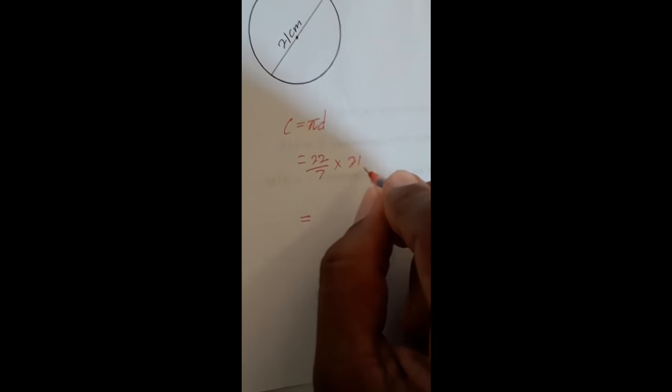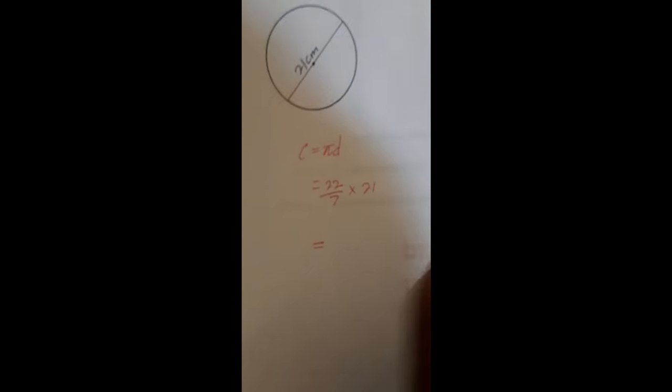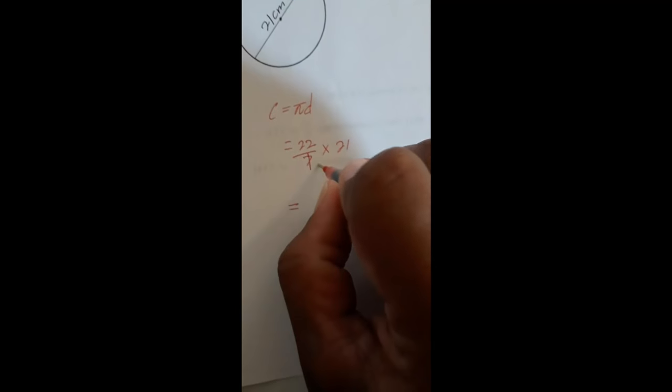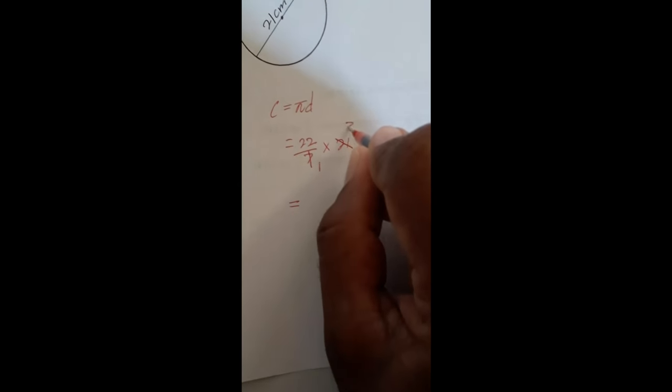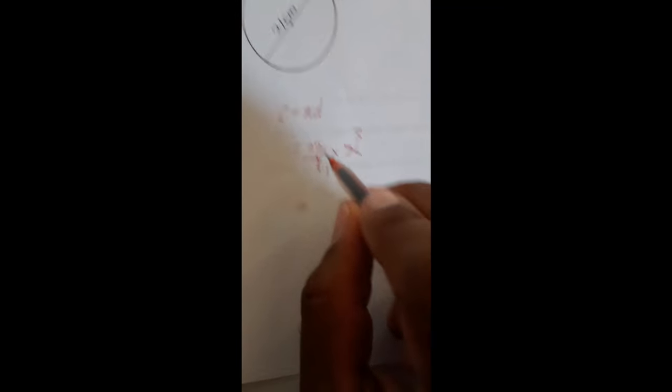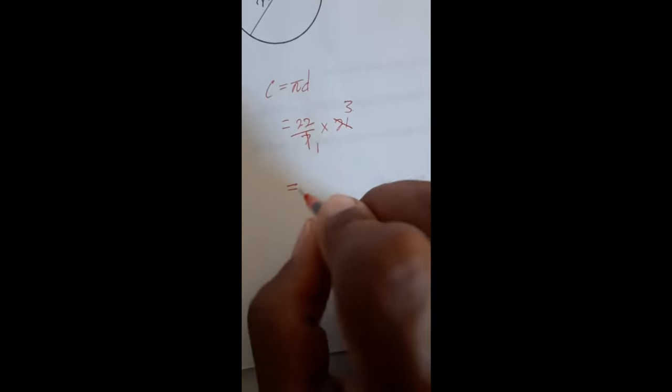It's optional if you like to put this over 1, but you don't have to. 7 can go into 7 1 time, 7 can go into 21 3 times. So here we can cancel easily. Now I'll multiply 22 times 3. If you do your multiplication, you'll get 66 cm. So the circumference will equal 66 there.